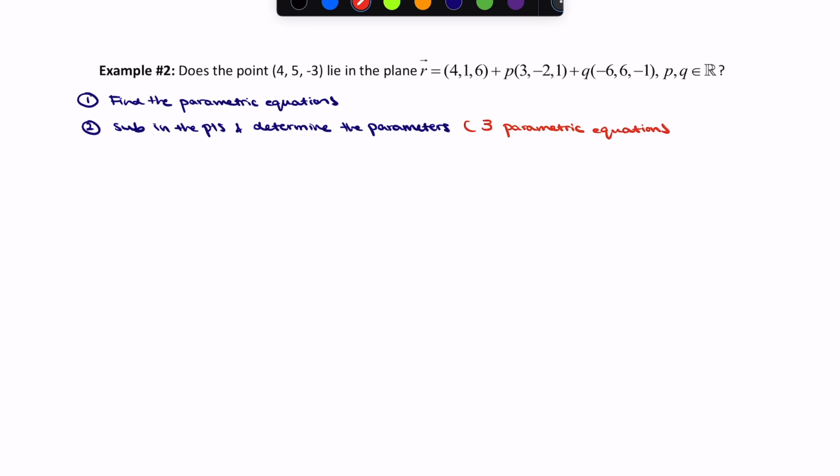We can use 2 of them to solve for p and q, and then we'll use the third to verify the equation.